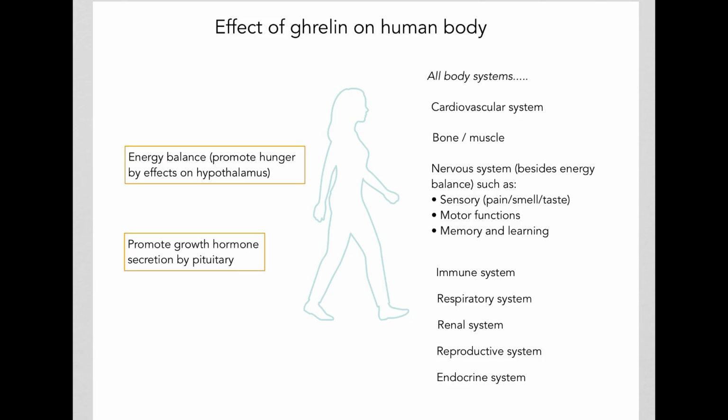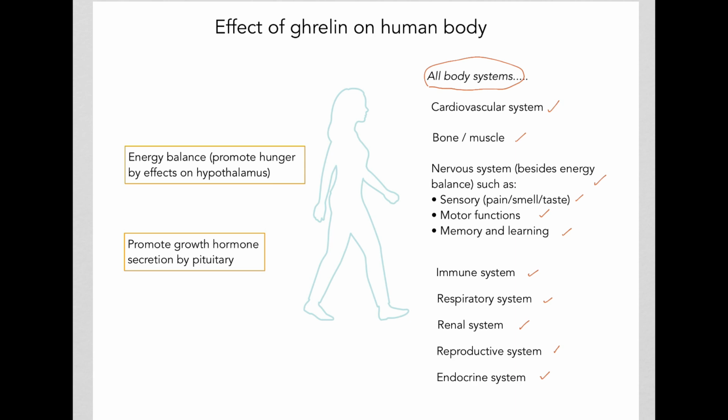Ghrelin basically affects almost the entire body. That includes the cardiovascular system, the bone, muscle, the nervous system, including sensation like pain, smell, taste, motor functions, memory and learning, immune system, respiratory system, renal system, reproductive system, as well as endocrine system.